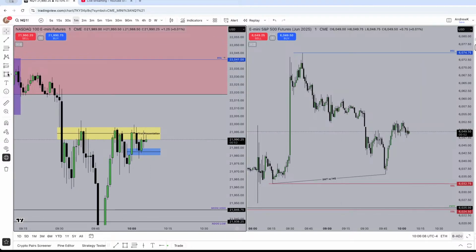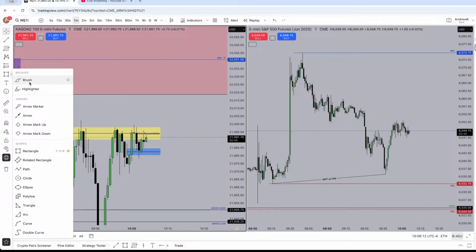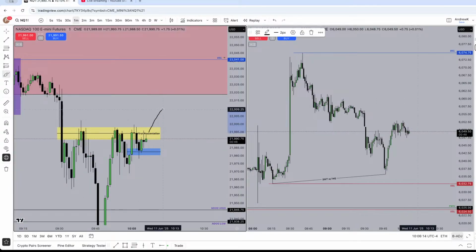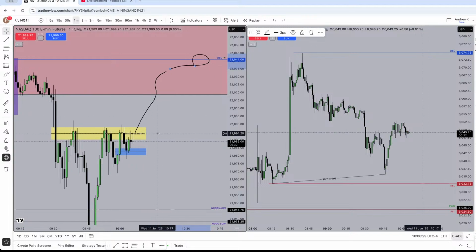My expectations right now for this move specifically is here. That's what I would like to see. To me, the damage is already done with the SMT, and my entry would have probably been in here, and then boom.